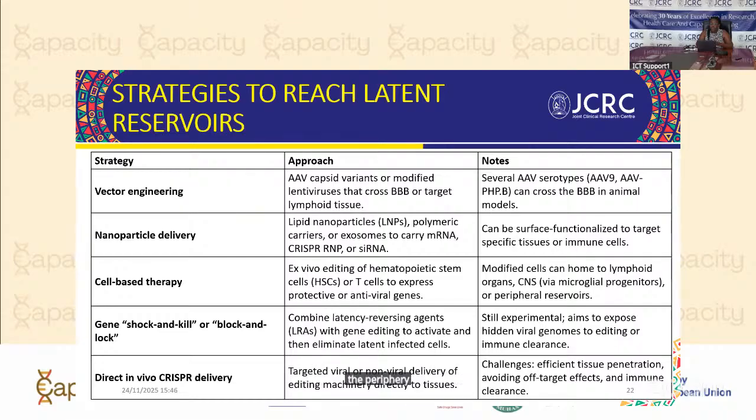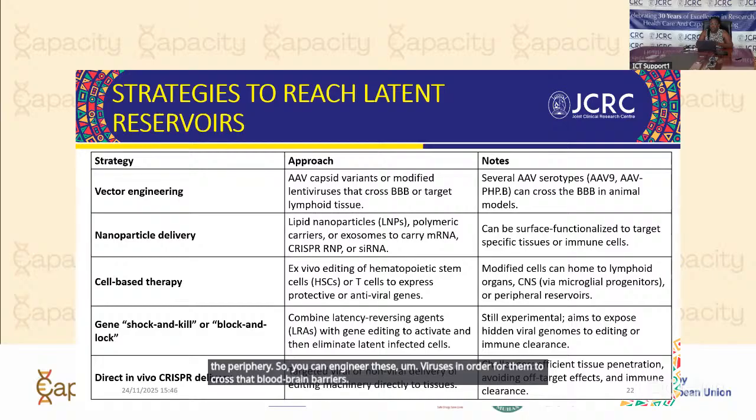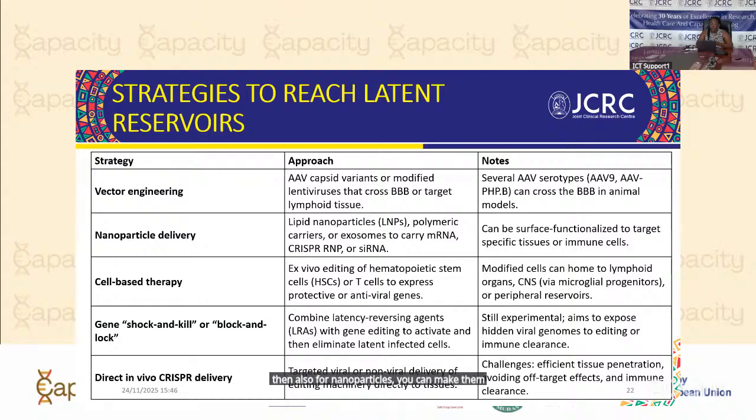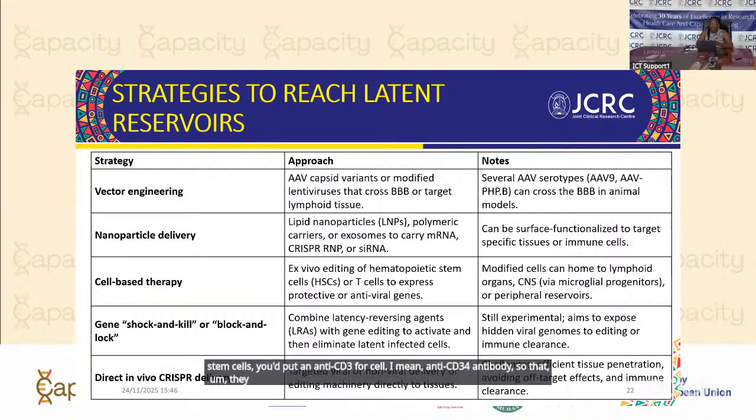So you can engineer these viruses in order for them to cross the blood-brain barriers. Then also for nanoparticles, you can make them functionalized in order for them to go to target cells. For example, if you want them to go to stem cells, you would put an anti-CD34 antibody, so that they go towards just the stem cells.